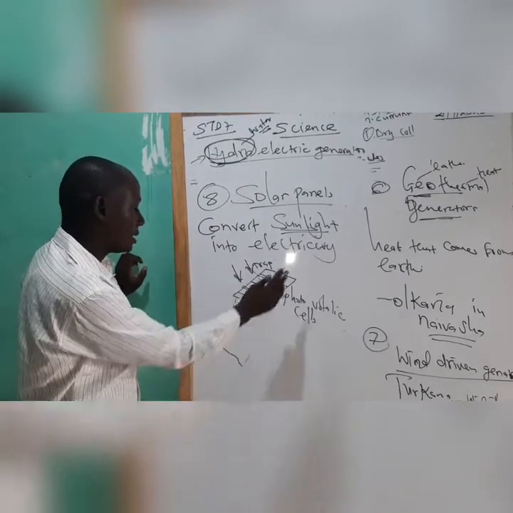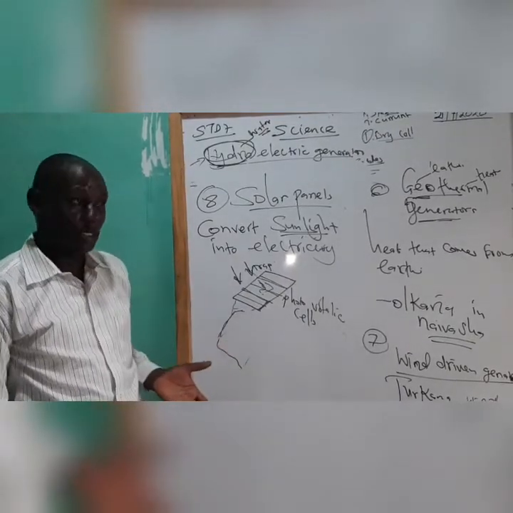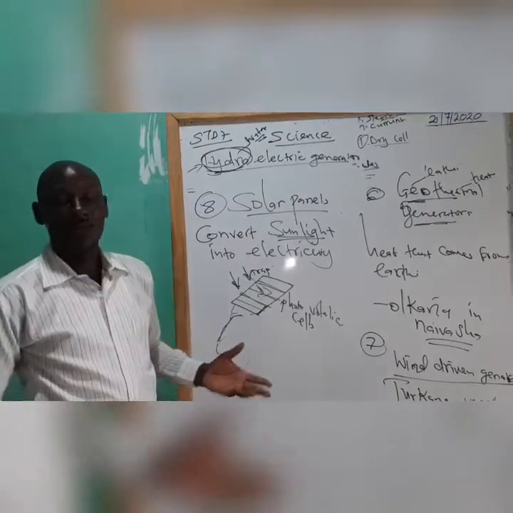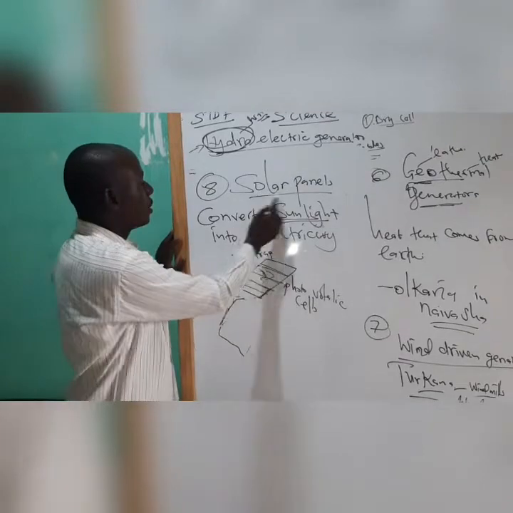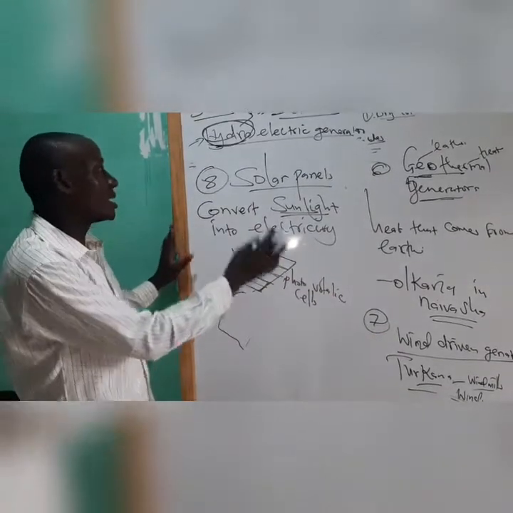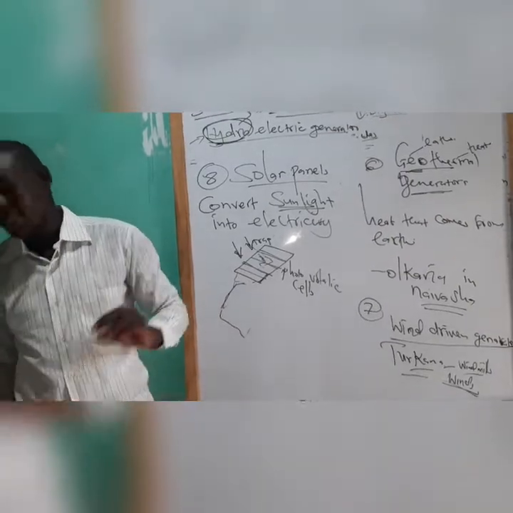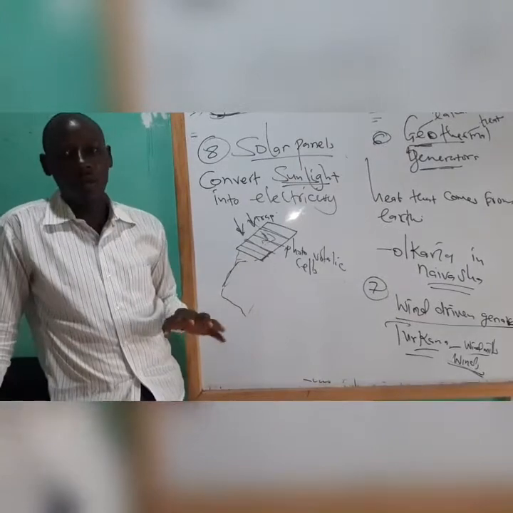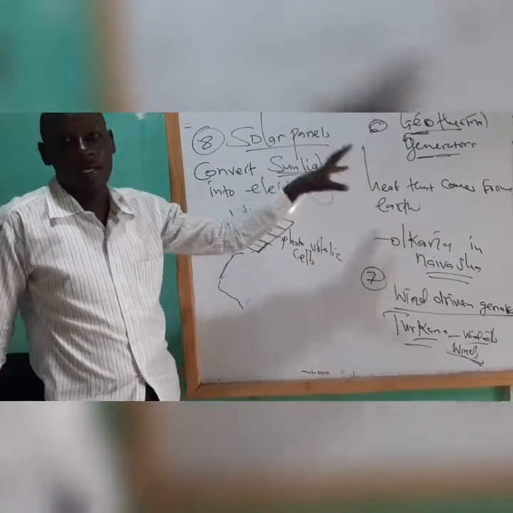It is connected. You can take it into your house, then you use it for lighting, for running televisions, for running radios. The solar panel is another source of electricity which changes sunlight into electricity. It is commonly used where there are no other sources of electricity.